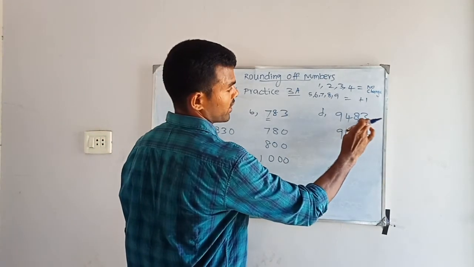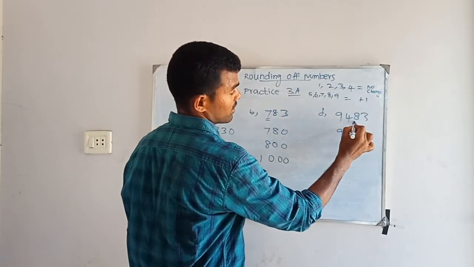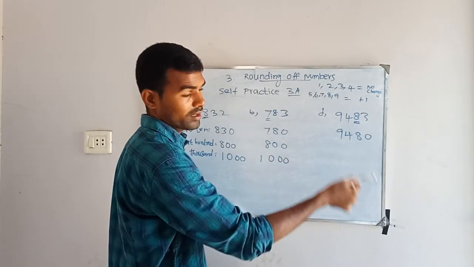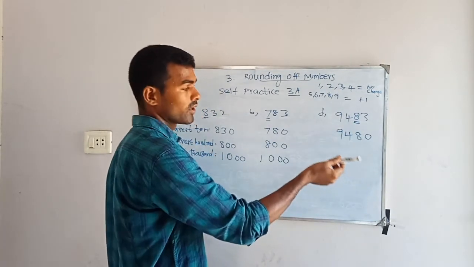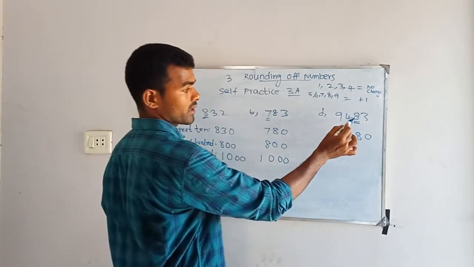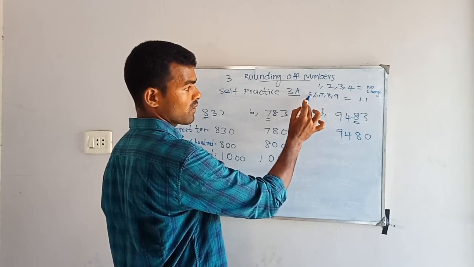And next nearest 100. Whether it's 9400 or 9500. To round the number to nearest 100, look at the tens place. Since it's 8 coming, 8 is above 5.